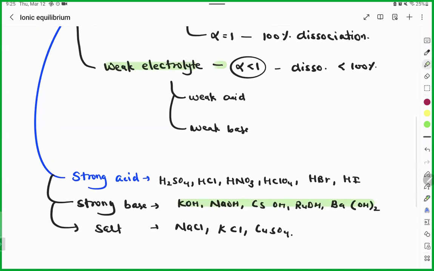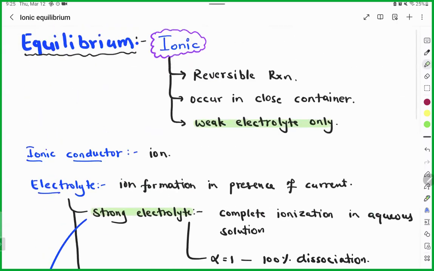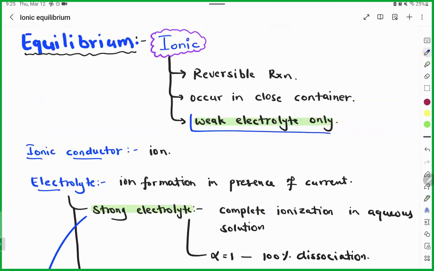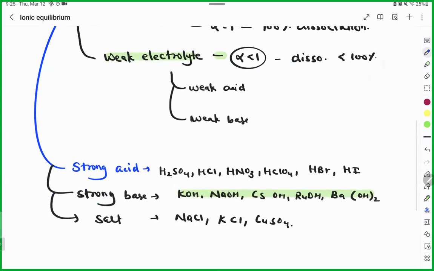Come to the weak electrolyte, because this chapter particularly is about the weak electrolyte. I already mentioned, this chapter is mainly for the weak electrolyte. So in the weak acids, you can have multiple acids like HCN, CH3COOH, very popular.